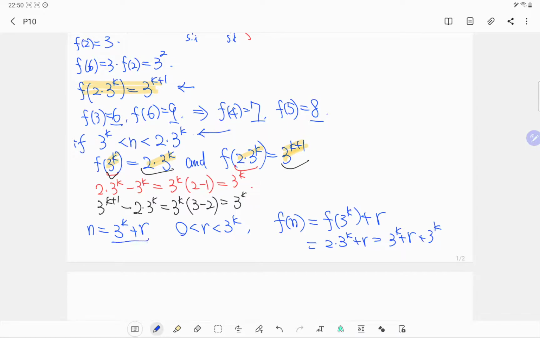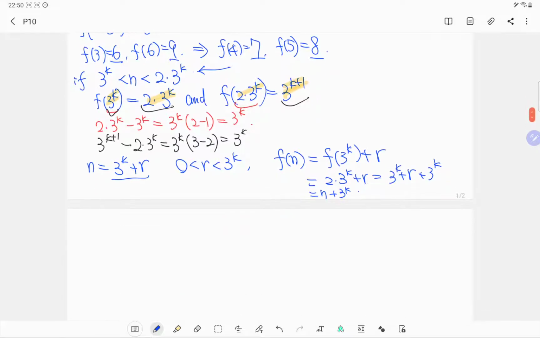And here 3 to the k power plus r is n. So it is n plus 3 to the k power. So now we come up with another expression: if 3 to the k power is smaller than n is smaller than 2 times 3 to the k power, then f of n equals n plus 3 to the k power.